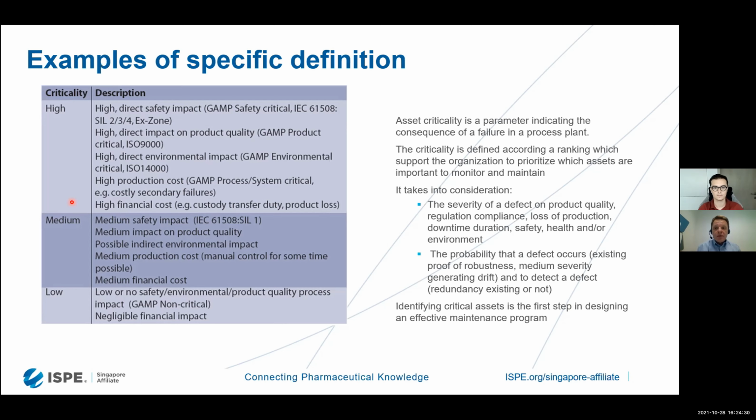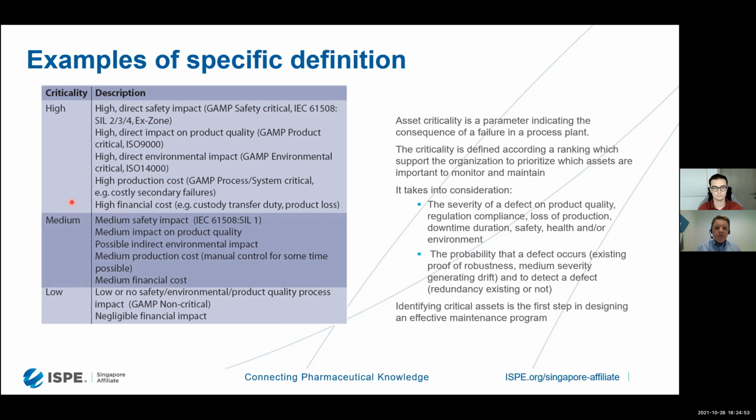As a rule of thumb, high criticality in general means that if an event happens, say a failure, your production will stop, or it can become dangerous for the production or for the people. On the other side of that scale, low criticality means that if the device fails, there will be no major consequences.